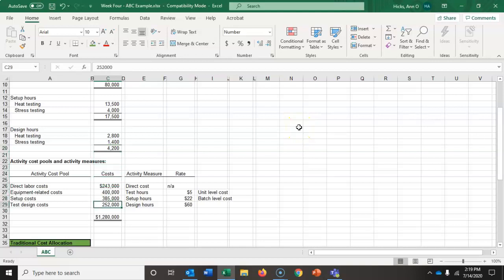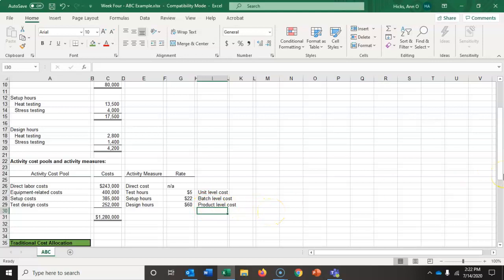And so we come up with a rate for that of $60. So if we think about the design costs, those we would probably classify as a product level cost because the design for one product, in this case heat testing versus stress testing, will be the driver, and it will be on a product base.